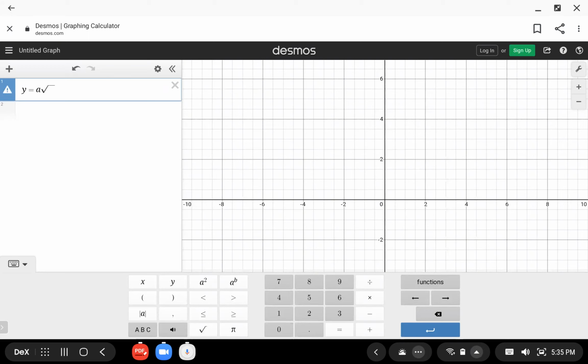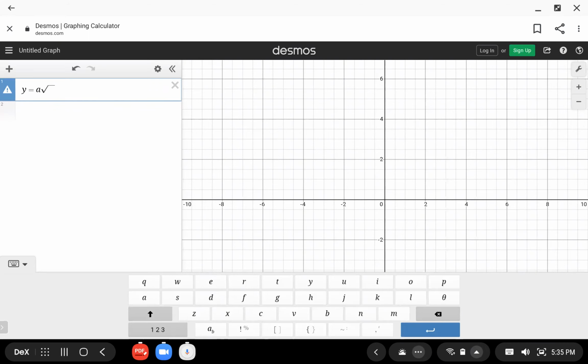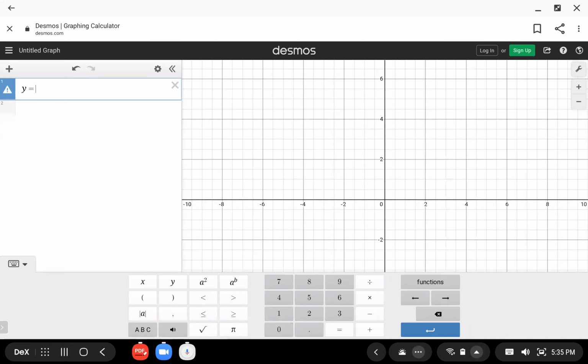Times x. Actually, bx. Actually, let's look at them one by one.